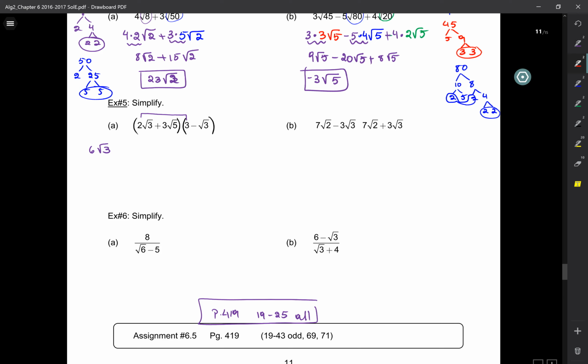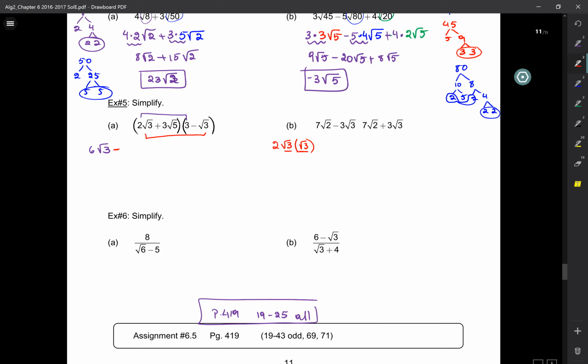Now, the outer terms, 2 root 3 times negative root 3. So let's just do the sign first. You have a positive times a negative, that's a negative. Now, if you like, let's just go on our scratch paper here. 2 root 3 times root 3. Now, the 2 has nobody to be multiplied with.